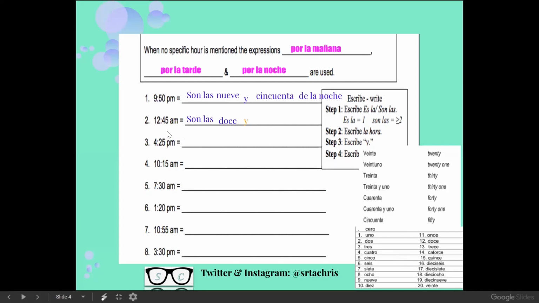So we have 45, cuarenta y cinco. Now we need to indicate if it's AM or PM. We see that it's AM, but we need to express it in writing. The word for AM is de la mañana. Okay, pause your video and do examples 3 through 8 on your own. When you're ready, press play so you can see the answers and check whether you did them correctly.